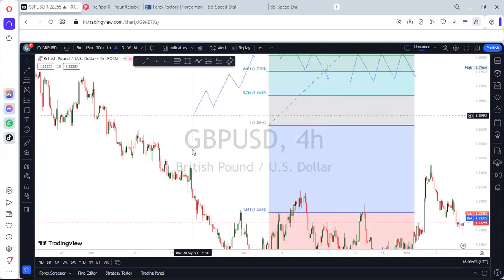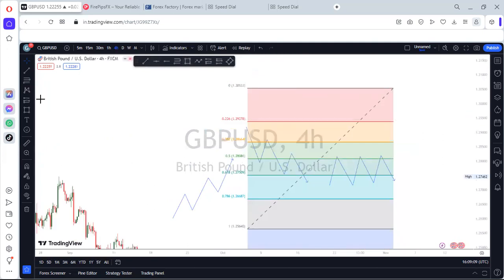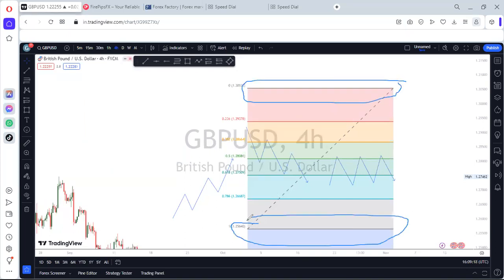But the part we are paying attention to, this Fibonacci retracement, and these zones are just for taking profit. So we are paying attention from here to this place. We are paying attention from 0 to 1. So this is 1, or 100%. Then we have 70%, 60%, 50%, 30%, 20%, and 10%.